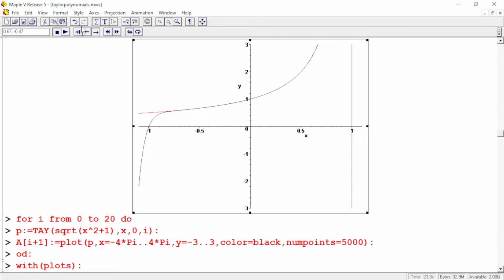I only have 20 or so of these, so it loops around. Let me go back. This is the biggest one I have: the sum of 1 plus x plus x squared all the way up to x to the 20th, and it almost matches up to negative 1.